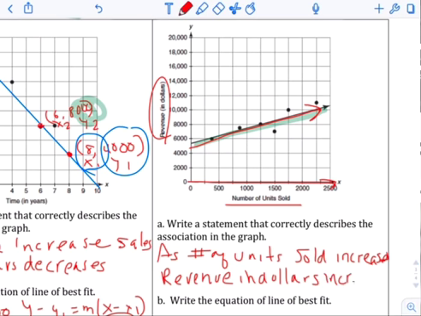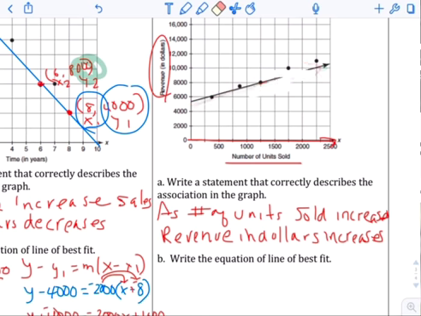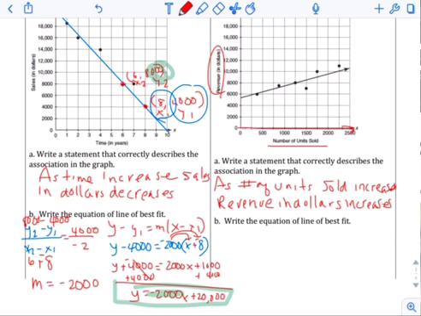Use the word increases. That's the math word. Write an equation of the line of best fit.